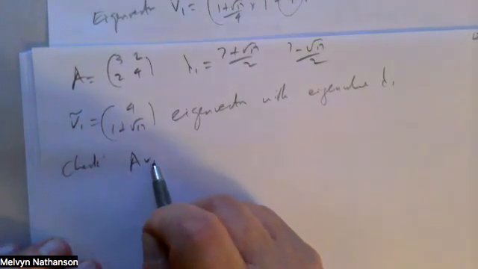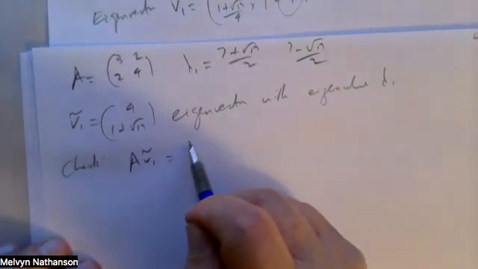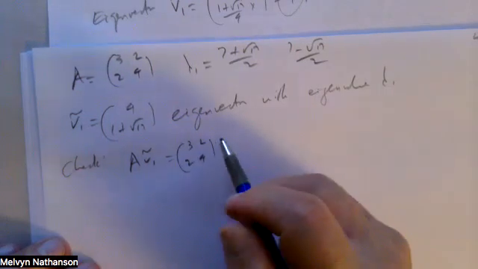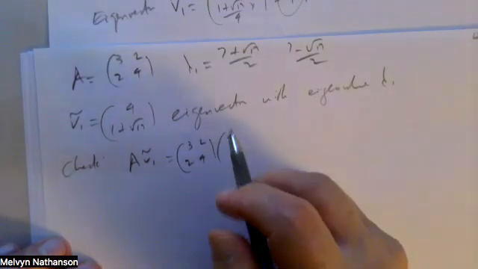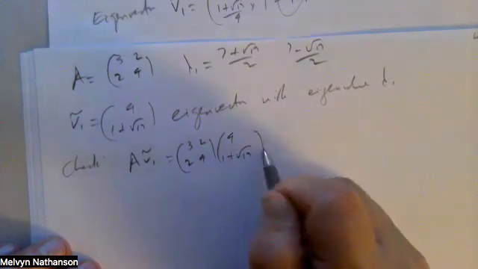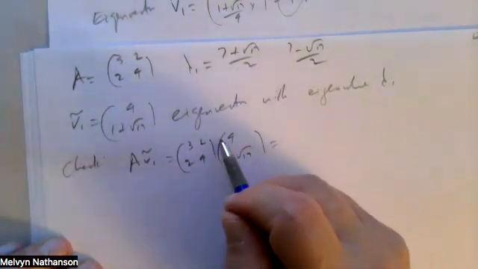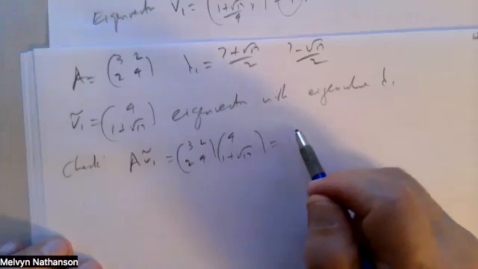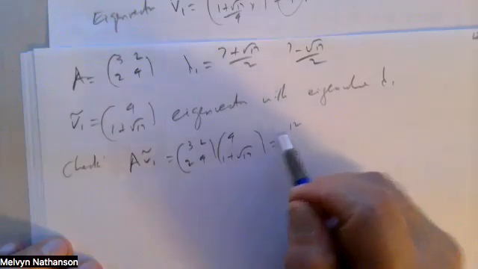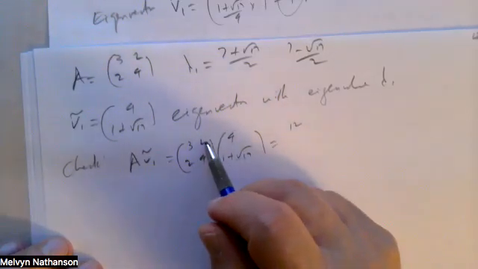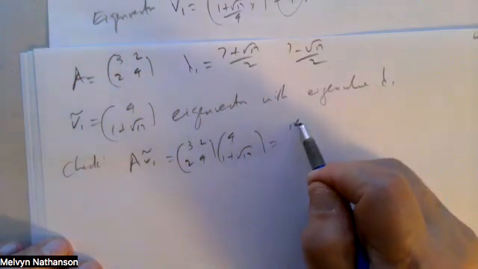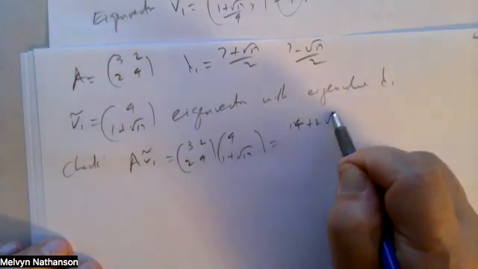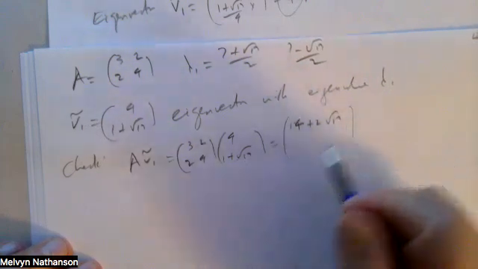So A times vector V1 tilde, that's 3, 2, 2, 4, times the vector 4, 1 plus root 17. This is 12, 3 times 4, plus 2 times this. 12 plus 2 is 14, plus 2 root 17 is the x coordinate.